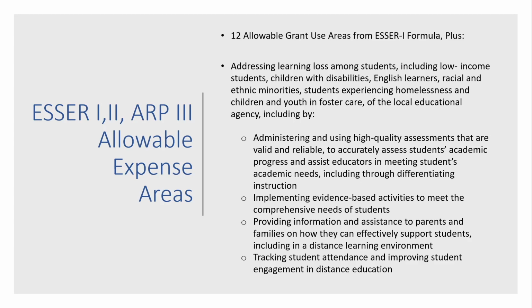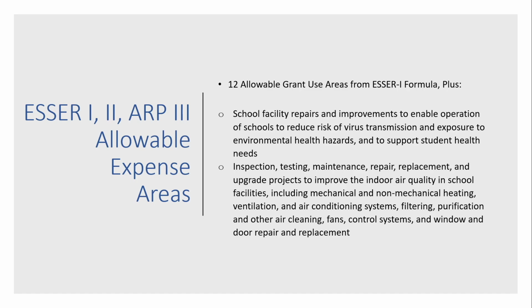And then underneath learning loss, it talks about the different areas which qualify for learning loss: assessments, evidence-based activities, providing information and assistance to parents, and tracking student attendance and improving their engagement in distance education.